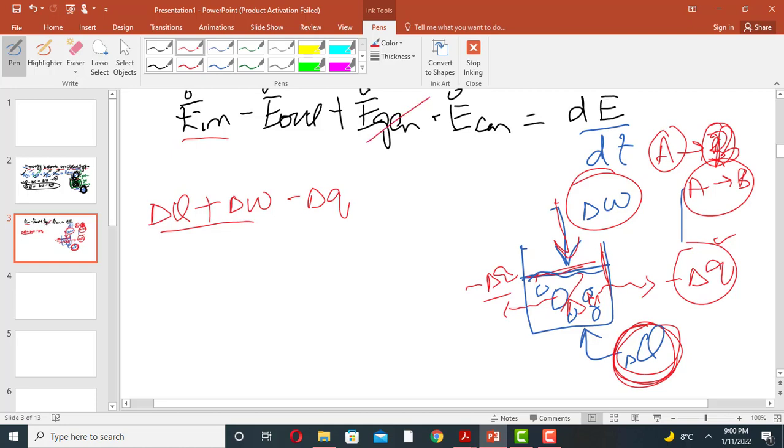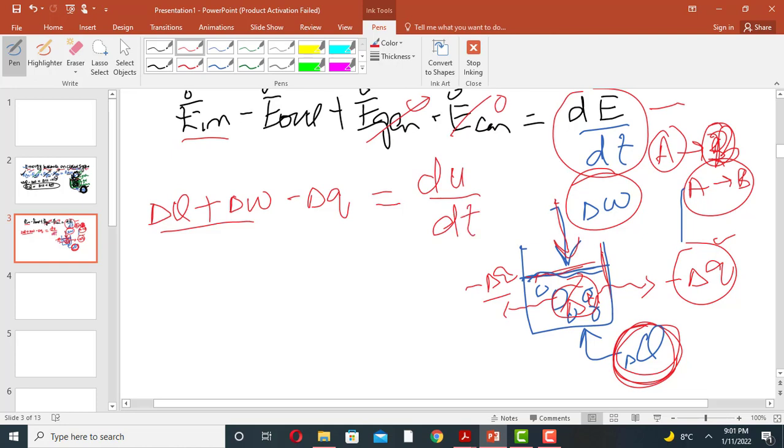So these two terms are cancelled, and the energy accumulated in the system, or the energy change of the system, is nothing but the change in the internal energy of the system with the passage of time.